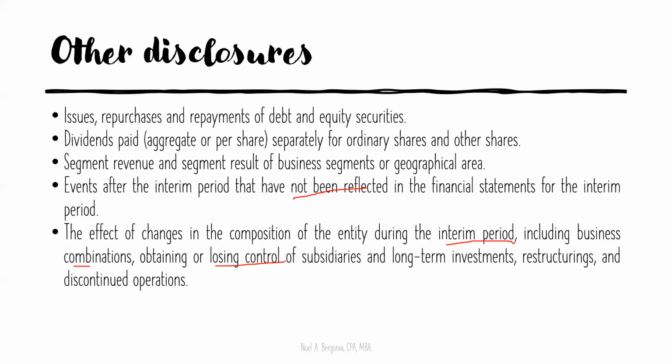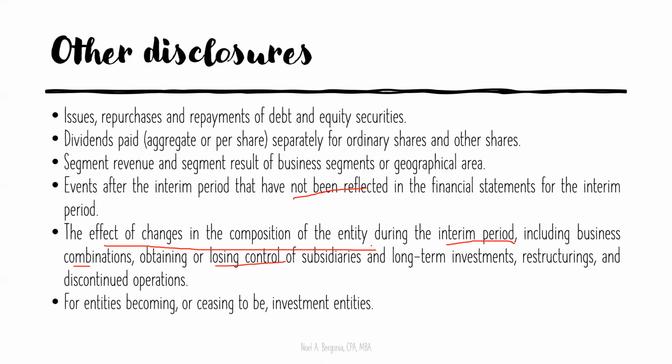Whatever is happening in terms of the company's investments and discontinued operations in the overall structure of the company may also be disclosed if there are effects on our financials, and it is also necessary for the users to understand those changes. And also for entities becoming and ceasing to be investment entities. Those are the other disclosures aside from the required disclosures earlier.